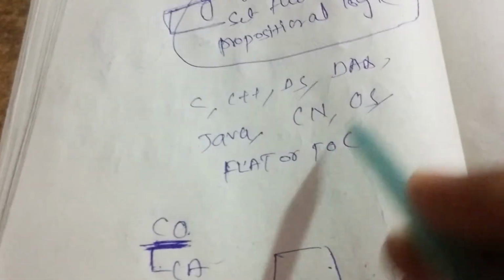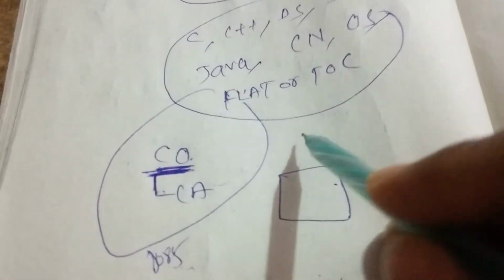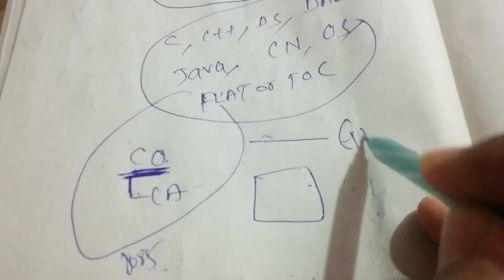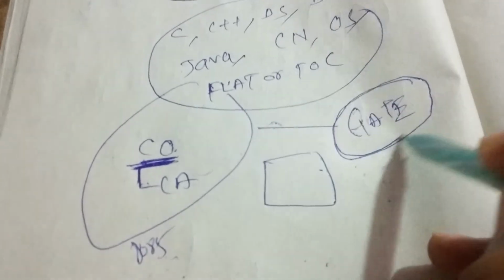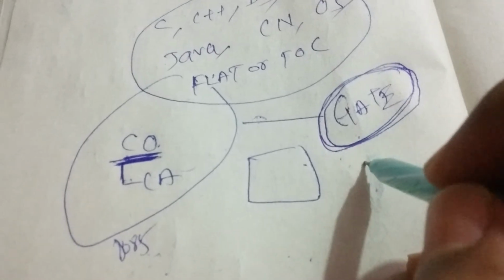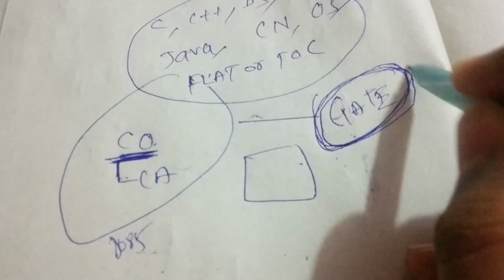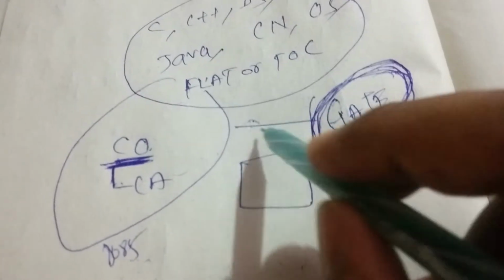If you are really good with all these things and you are interested in higher studies, try for GATE. I'm saying this for the end of your college, maybe in third year first semester or third year second semester. Just try preparing for GATE.